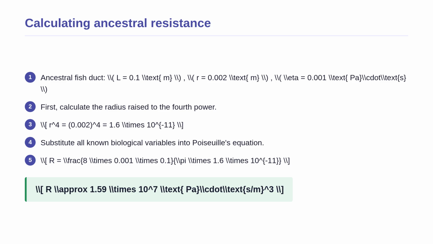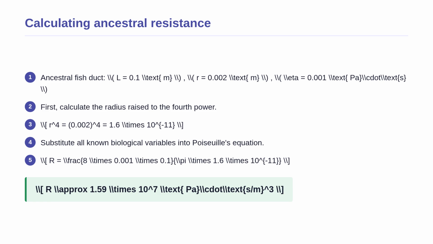Now that we have our formula, let us apply it to a concrete example. Consider an ancestral fish with a simple archinephric duct transporting dilute, watery urine. We are given a length of 0.1 meters, a radius of 0.002 meters, and a viscosity of 0.001 Pascal seconds.